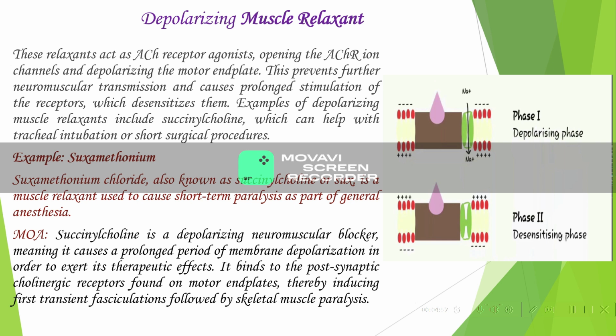So first is phase 1 and then phase 2. In phase 1, where the receptor is bound, the sodium ion enters the muscle, where the positive ions enter automatically. The outer side is negative and the inner side is positive. And in phase 2, where the gate is blocked, the outer side is negative and the inner side is positive.